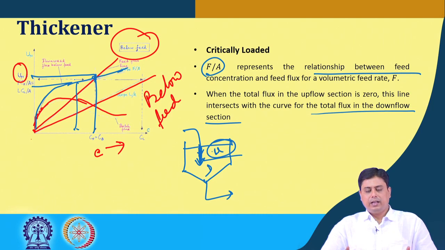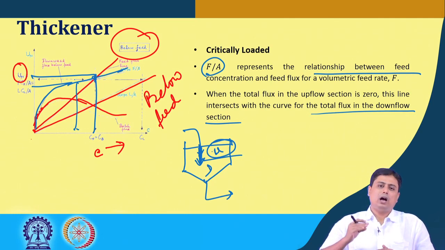For a real thickener, once we have this batch settling data and the bulk flow rate, we can draw this F by A, which is the feed flow rate by A, the area of cross section. So, F by A and L by A as well as V by A. Now, the V by A is an upward flow.